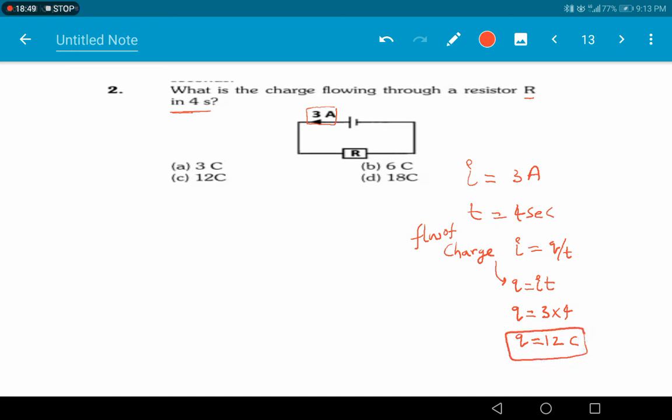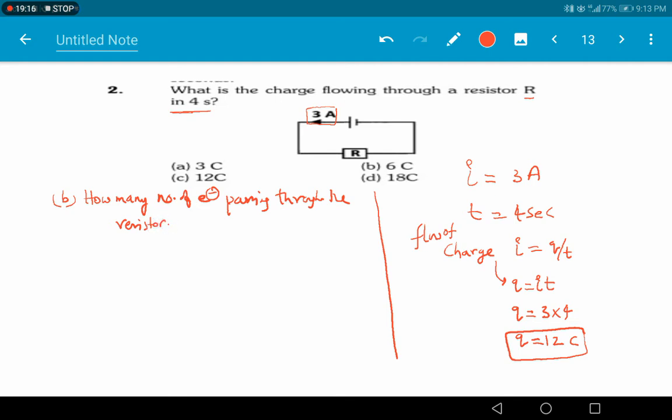Okay? So sometimes they extend this question like this: how many electrons are passing through the resistor?